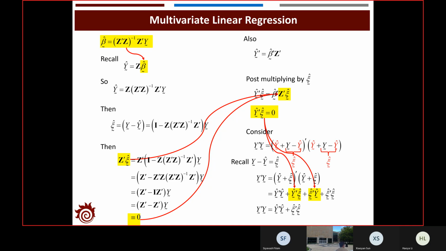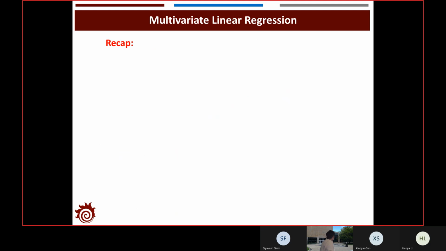This gives you the relationship between the observed trip rate, the estimated trip rate, and the residuals. So that's the first feature we estimate.